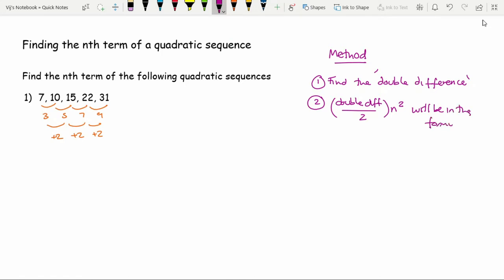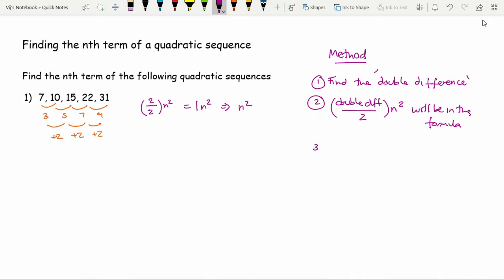Just like with linear sequences, when you worked out the difference, that number times n would be in the formula, with quadratic sequences the double difference divided by 2, n squared, will be in the formula. So here, as our double difference is 2, 2 divided by 2 is 1, which gives us 1n squared, which just leads to n squared. So what that means is that n squared is going to be in the formula.